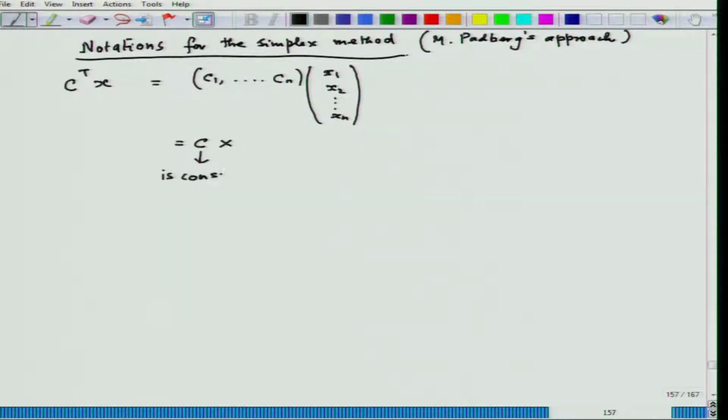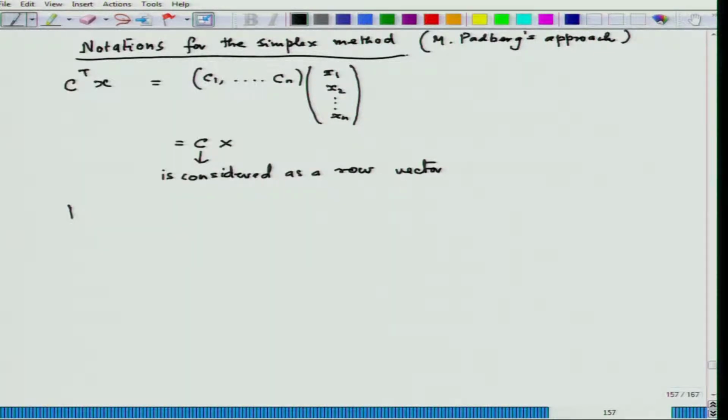C transpose is written as C transpose because C is usually considered a column vector. For simplicity we will write Cx; you can continue writing C transpose X or even C inner product X, it does not matter.